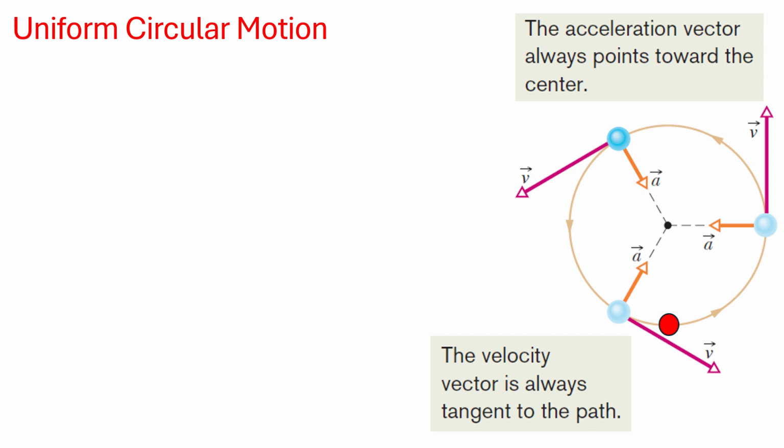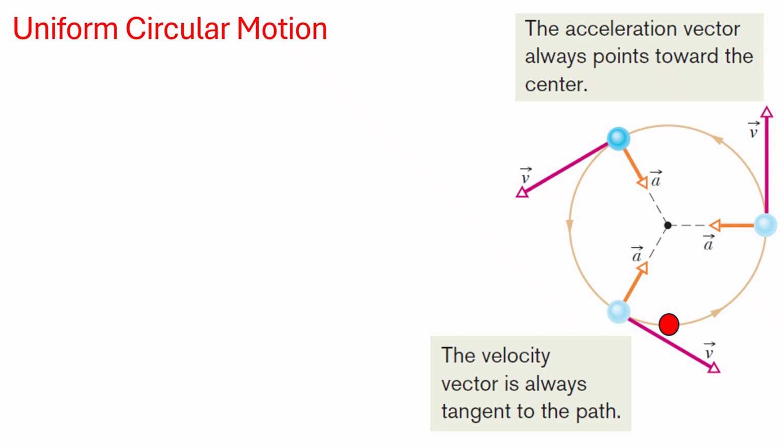The velocity is always directed along the tangent to the circle in the direction of motion, while the acceleration is always directed radially inward towards the center of motion.